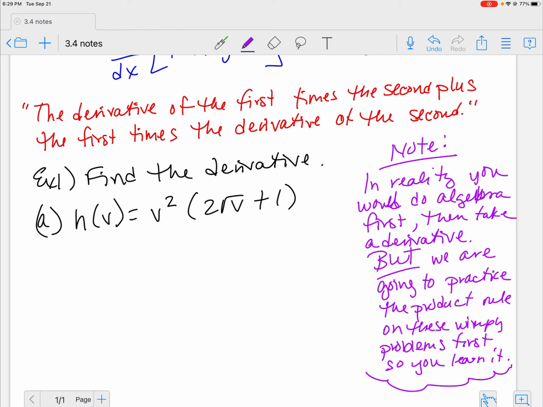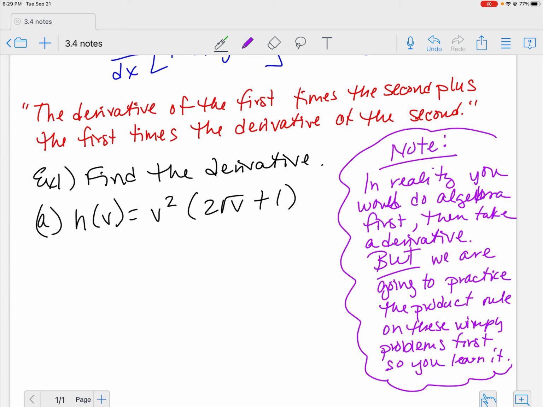You guys know I'm all about efficient math, right? So I want to be very clear. In reality, there is no way you would do the product rule on this. You would distribute this, do the power rule, and call it good. However, we are learning the process of the product rule. So we're going to learn the process on these wimpy little problems so that we can practice that process. All right?